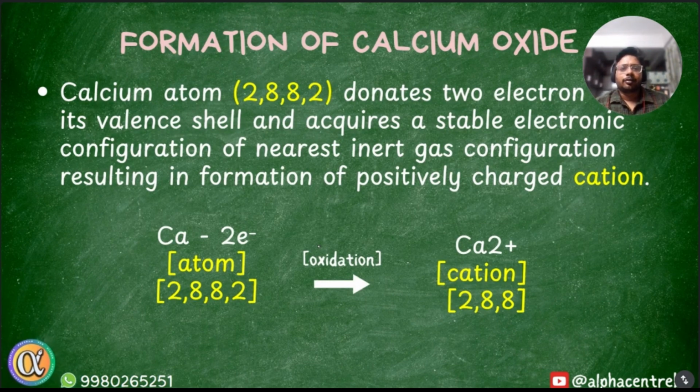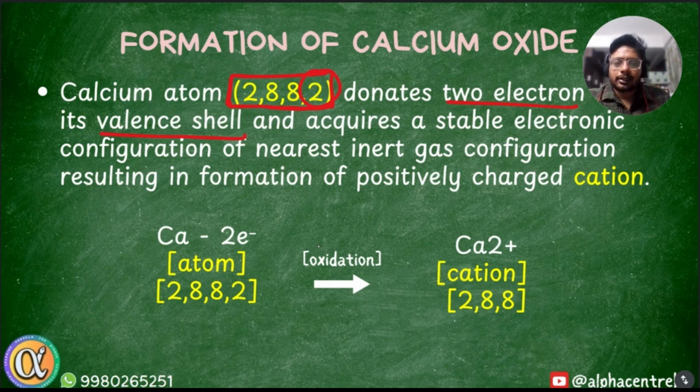Next, formation of calcium oxide. The calcium atom has an electronic configuration of 2, 8, 8, 2, which denotes that it has two electrons in its valence shell. In order to acquire the electronic configuration of the nearest noble gas, it will like to lose those two electrons and turn into a positive cation, because loss of electrons leads to the formation of a positive cation.